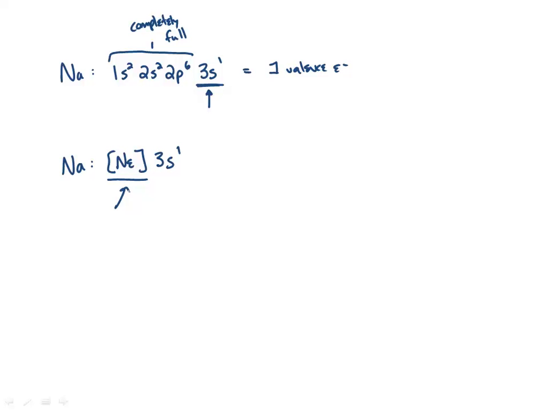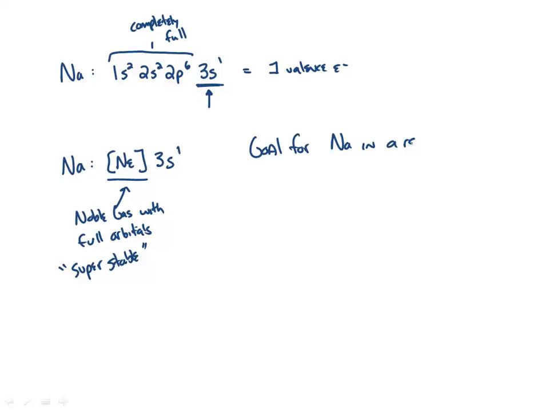And see, that neon is a noble gas with full orbitals. And it turns out that that is super stable. And so the goal for sodium in a reaction is to look like neon. Meaning, sodium really wants to lose an electron.